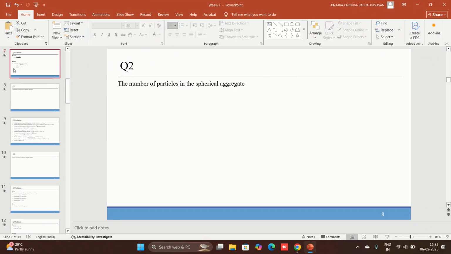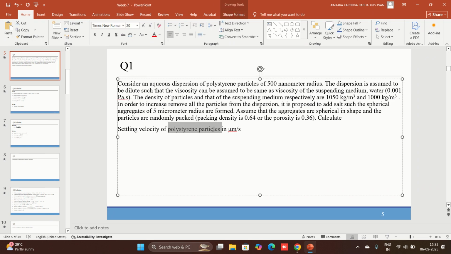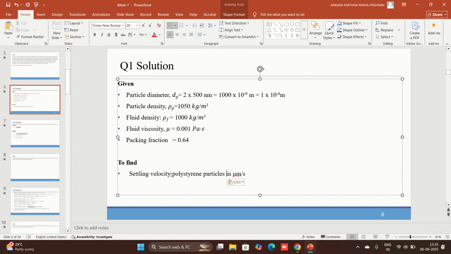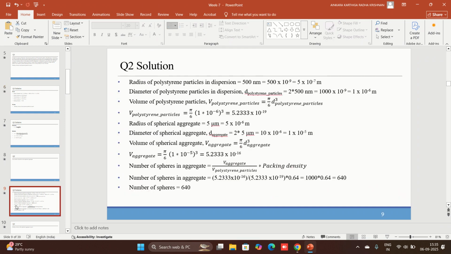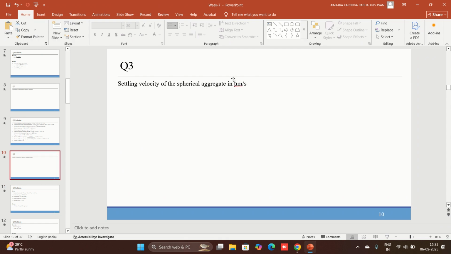In the previous question, the first question, what was asked? The settling velocity of polystyrene particles. Now we are finding the settling velocity of the aggregates, again in micrometer per second only.